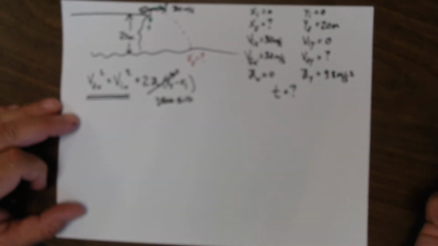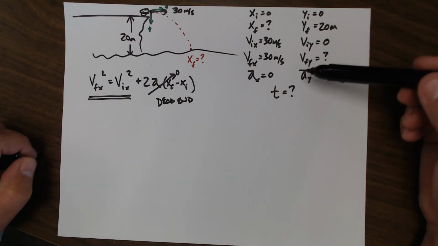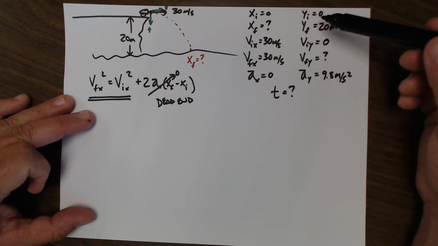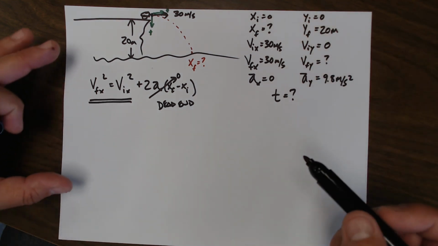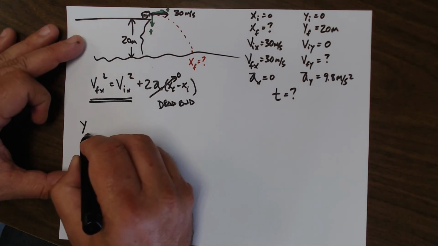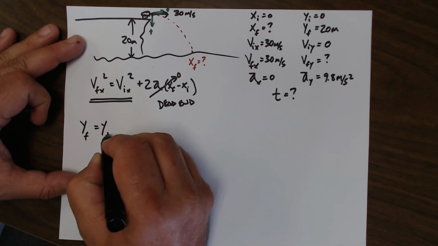So what we wind up doing is realizing that we need the time. And the time is actually best to get from the y side of things. So let's write down the y Swiss Army equation, which is my favorite.